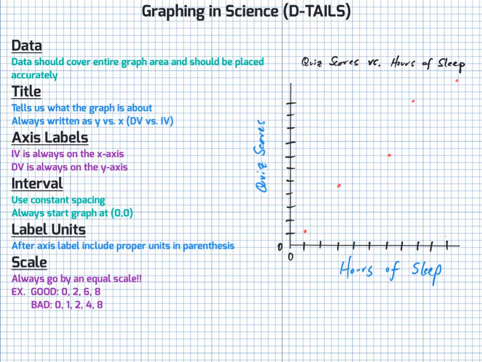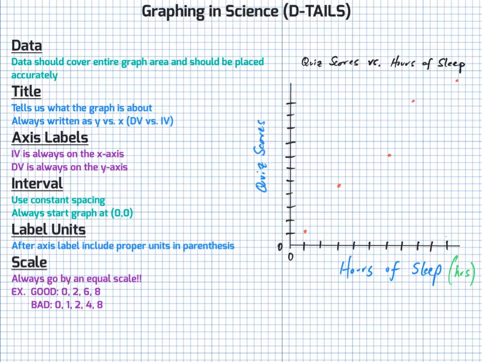Next, we're on the home stretch here. L stands for labeling the units of our independent and dependent variables. Down here for our independent variable, I kind of already have the unit in here, hours of sleep. The unit would be hours, so we can put hours here.